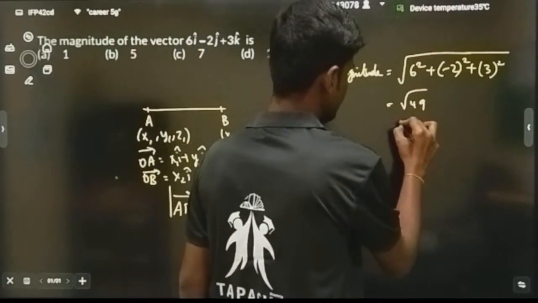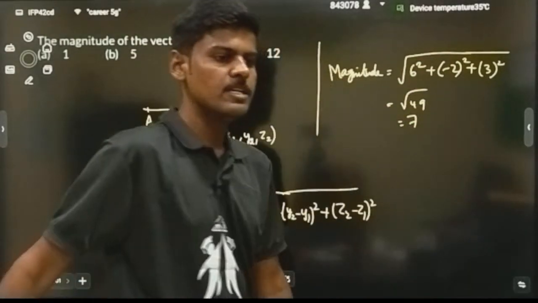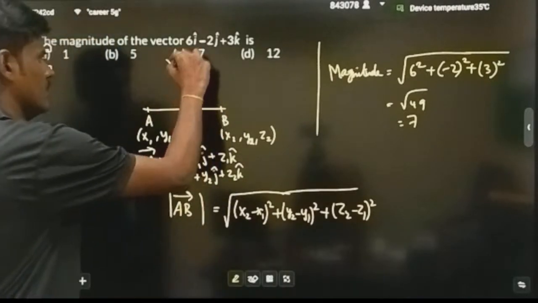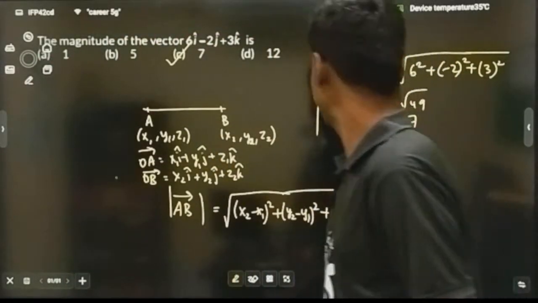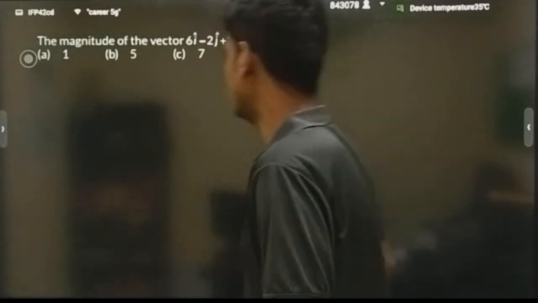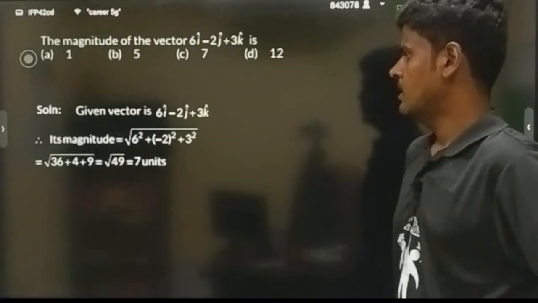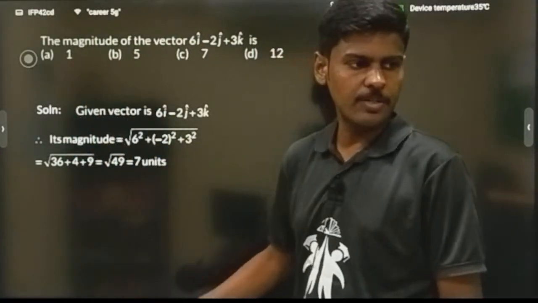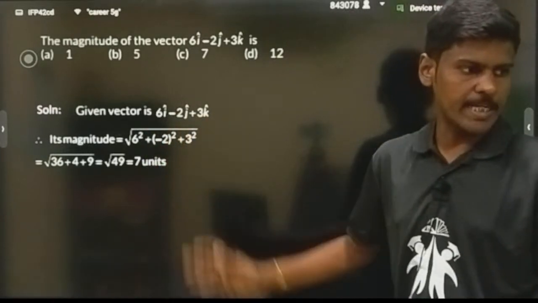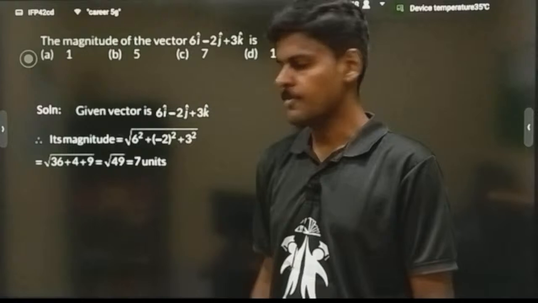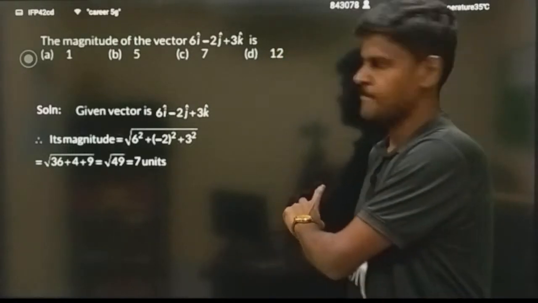The answer is root 49, which is nothing but 7 units. So the magnitude is 7. Answer option C. Easy question. Obviously the magnitude is the square root of 6 square plus 2 square plus 3 square, that is root 49, which is 7.